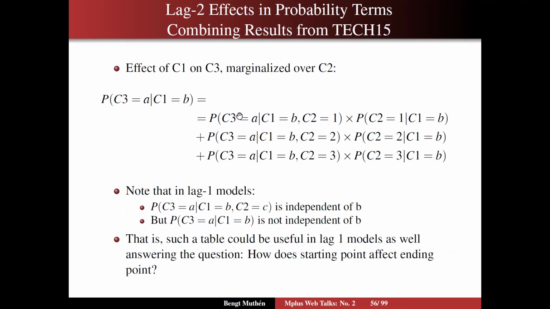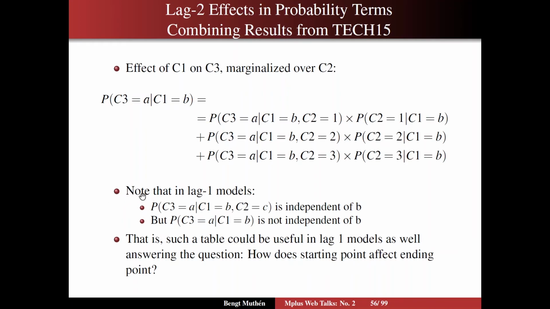So we get this conditional effect out of Tech 15: C3 given both previous latent class variables, C1 and C2, and C2 given its predecessor. So this sum of products is what you have to evaluate outside of Mplus. But that would give you the direct effect, so to speak, the probability of C3 in a certain class given that C1 is in a certain class. Which could be interesting, you know, the starting point, how does it affect, say, C3 or C4 in another setting.